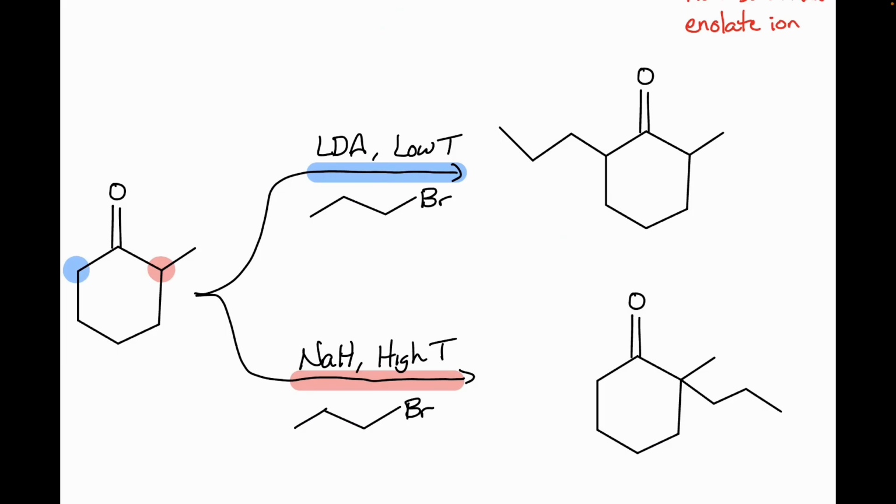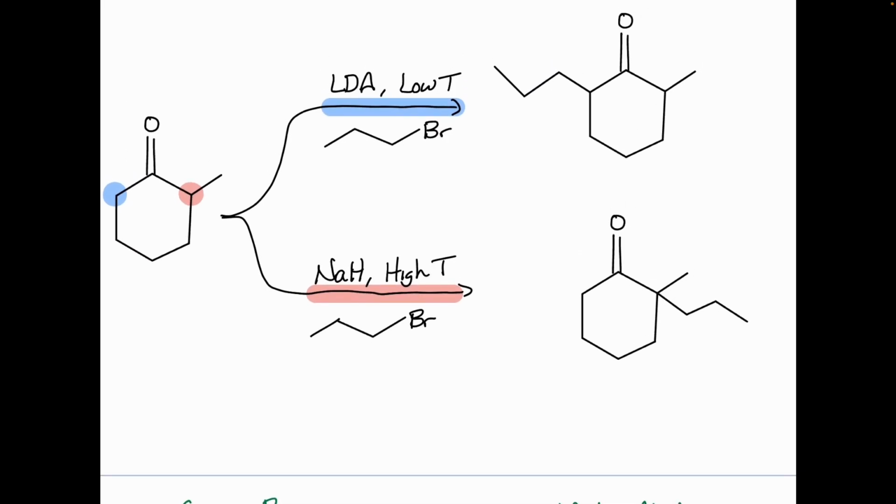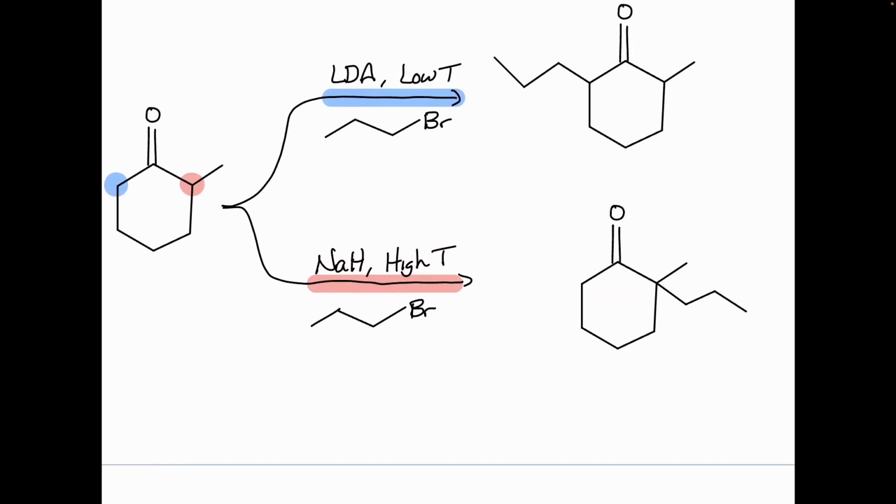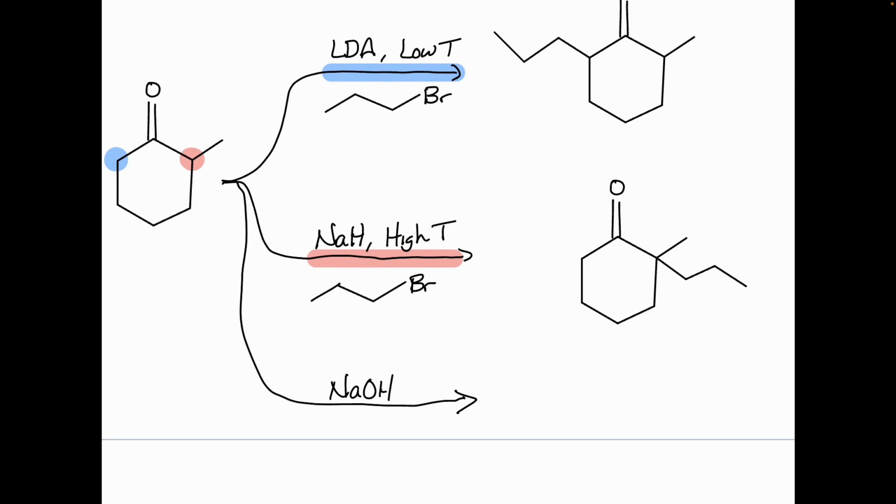And again, just to bring it back to where we started our discussion, if instead we didn't use one of our super strong bases, but just used the meh sodium hydroxide, then we would get that aldol addition product.